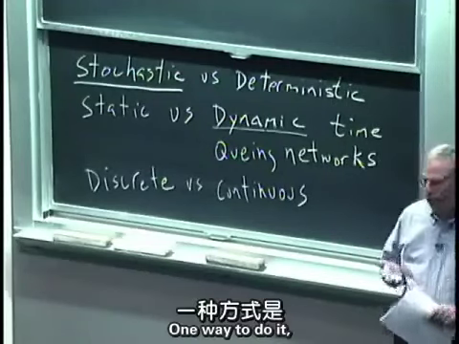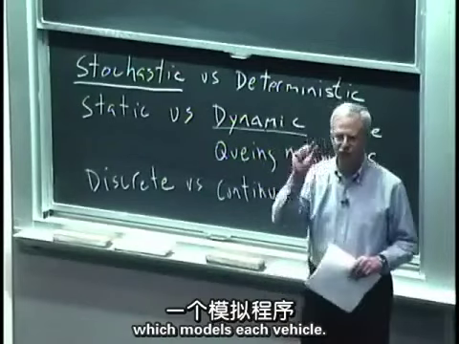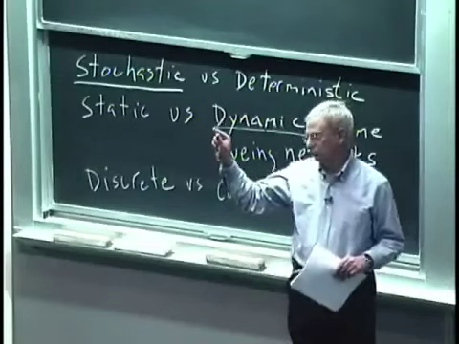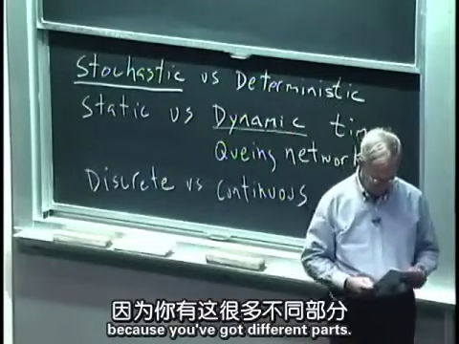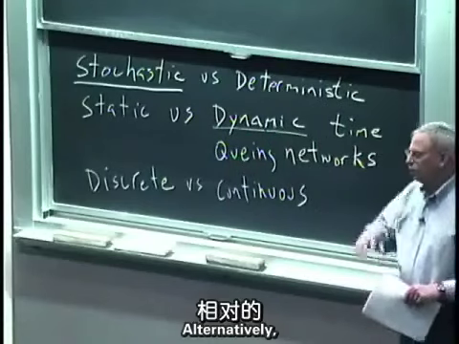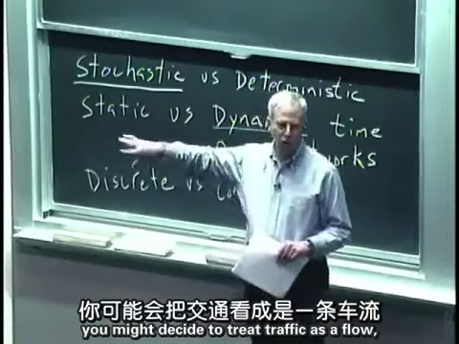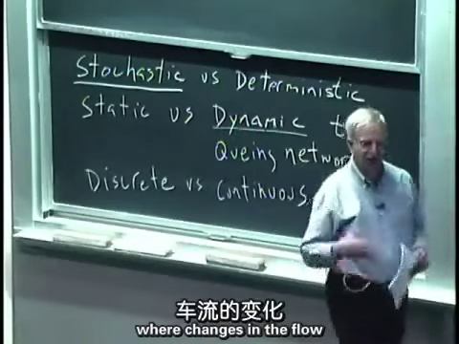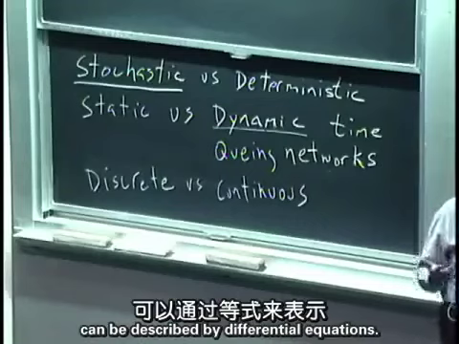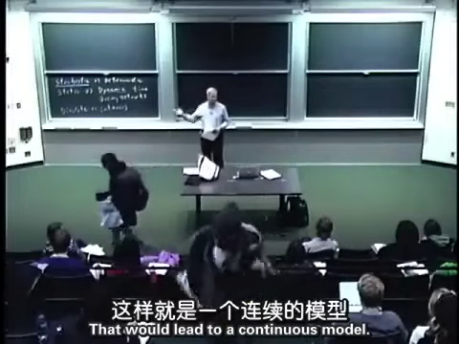One way to do it is to try and have a simulation which models each vehicle. That would be a discrete simulation because you have different parts. Alternatively, you might decide to treat traffic as a flow, kind of like water flowing through things, where changes in the flow can be described by differential equations. That would lead to a continuous model.